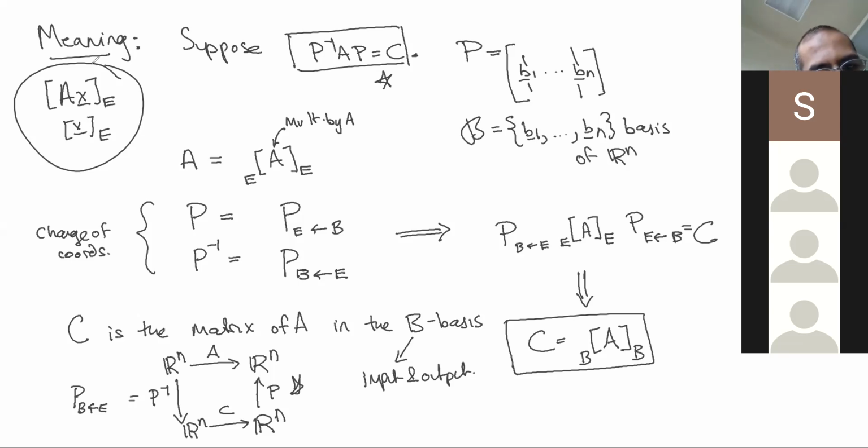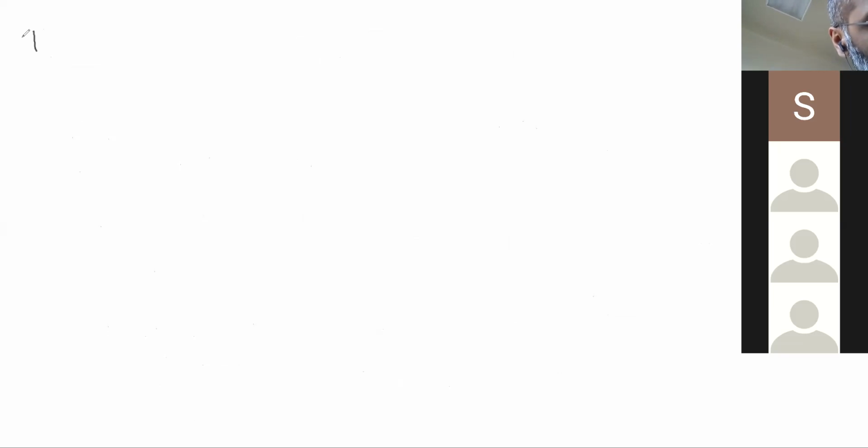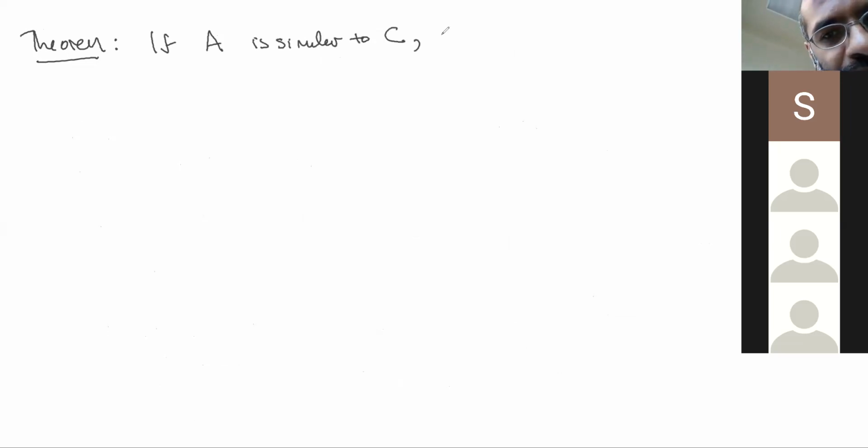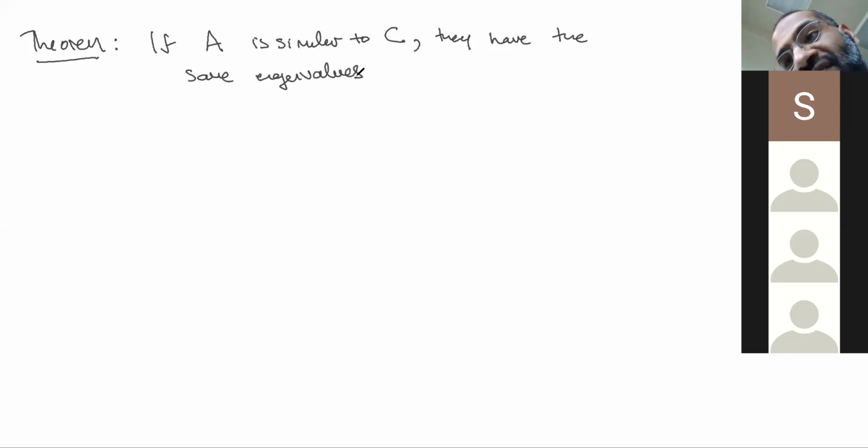And now I want to say what it has to do with eigenvectors. If A is similar to C, then they both have the same eigenvalues, with the same geometric multiplicities and algebraic multiplicities.